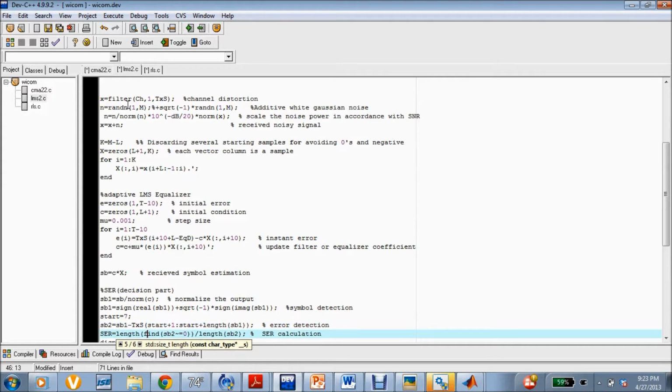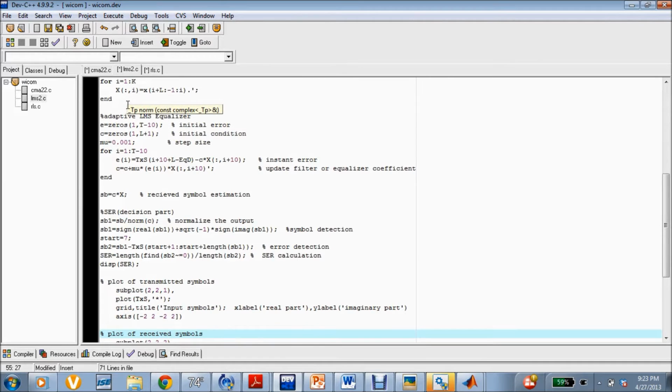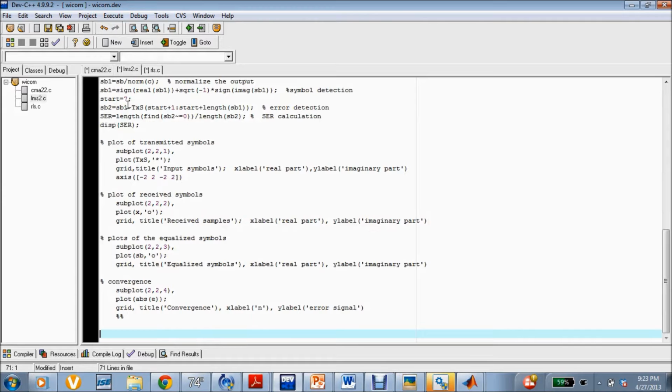And I'm calculating the SER by those symbols whose error is not zero divided by the total length of the symbol. So this basically represents the symbol error rate, and I have displayed the input symbol, the transmitted symbol, equalized symbol, and the convergence, which I'm showing now.